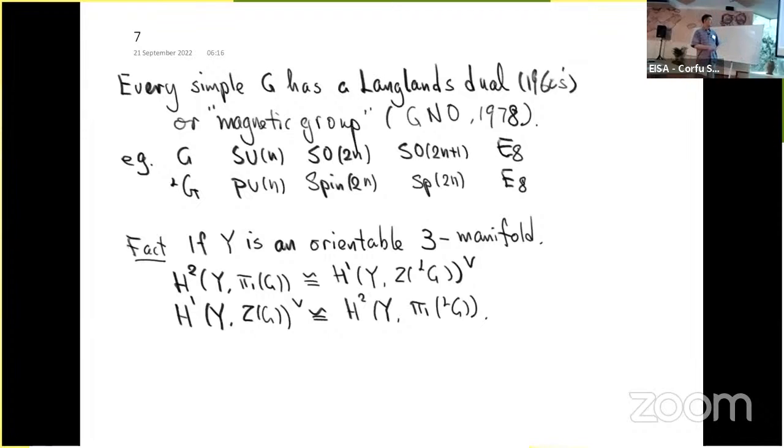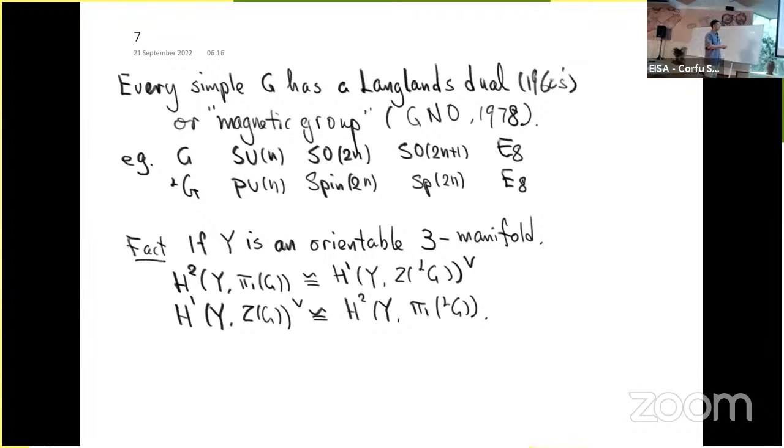Now, there is a mathematical fact, which comes essentially from Poincare duality of the three-manifold and also some Lie group, Lie algebra theory, that we have these natural isomorphisms. So what does this mean in terms of physics?